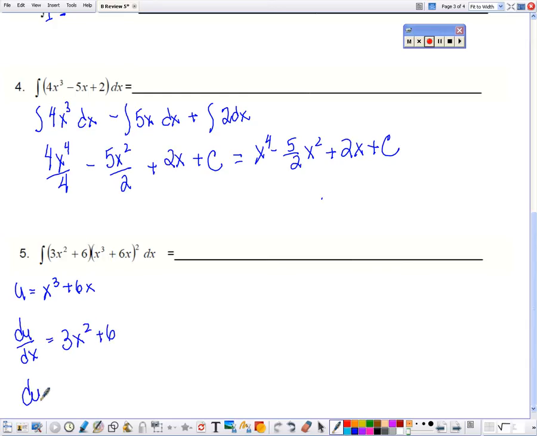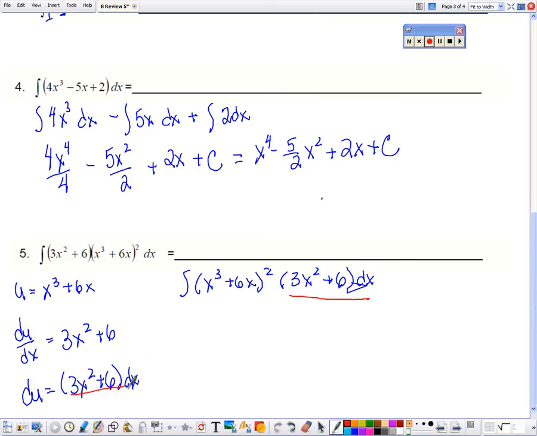So when I multiply both sides by dx, I'm going to reorganize my integral. And I can substitute. This is du. Here I have u squared. So now finding the antiderivative and plugging back in for u.